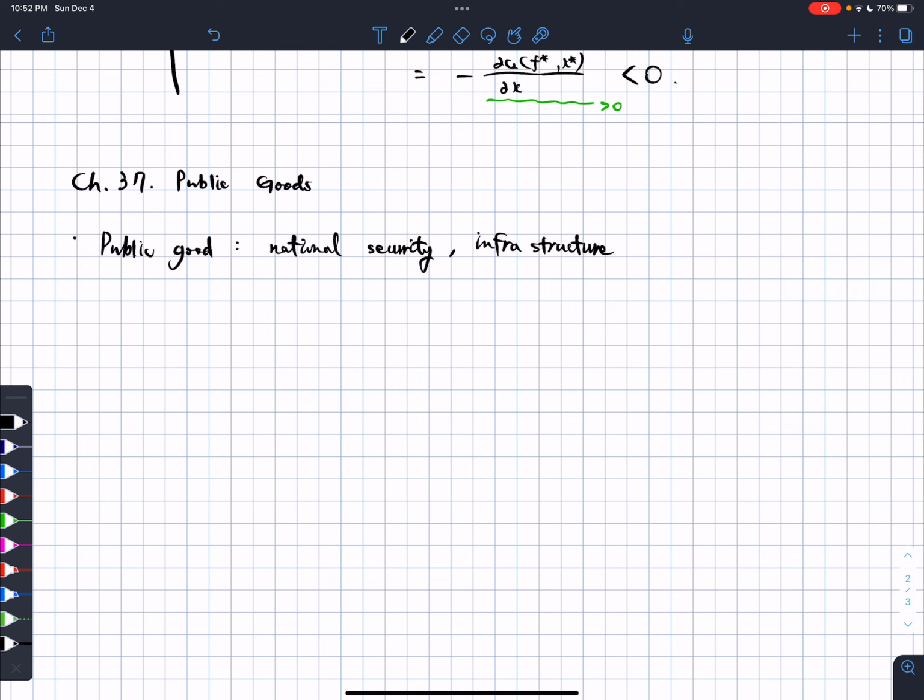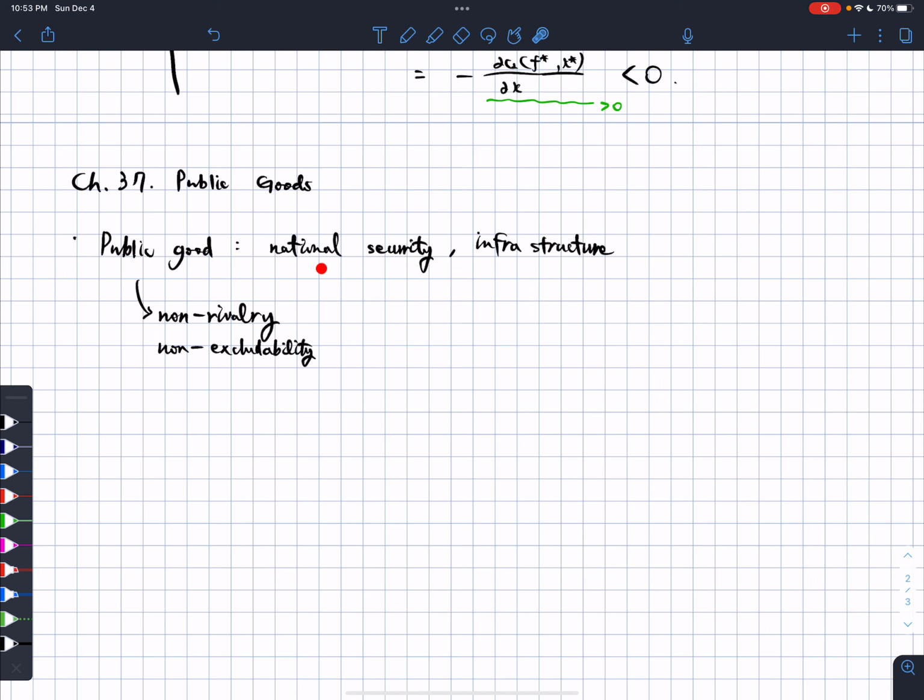Two key features of public goods are non-rivalry and non-excludability. Non-rivalry means that if somebody uses the public good, such as national security, that does not compete with my consuming this service.